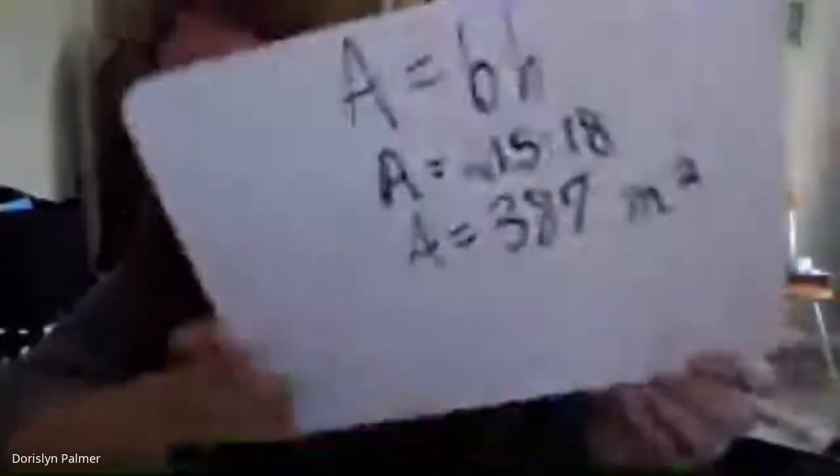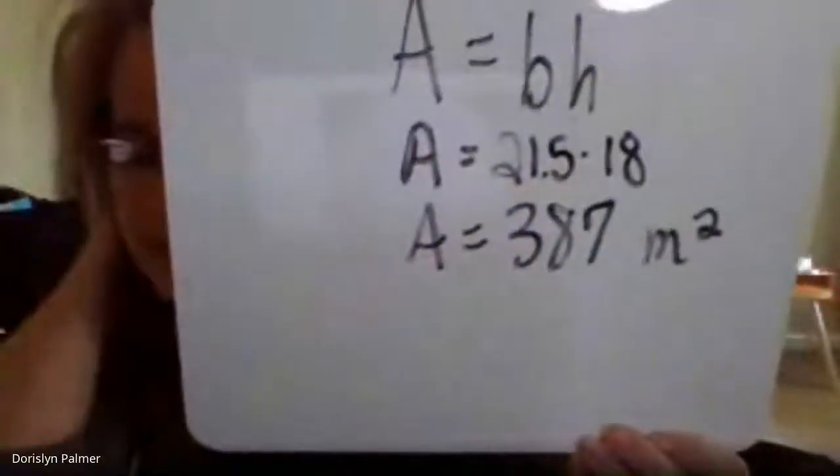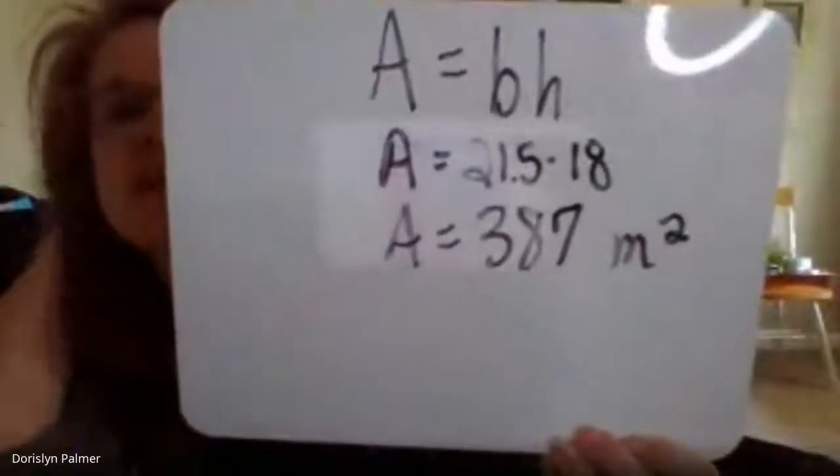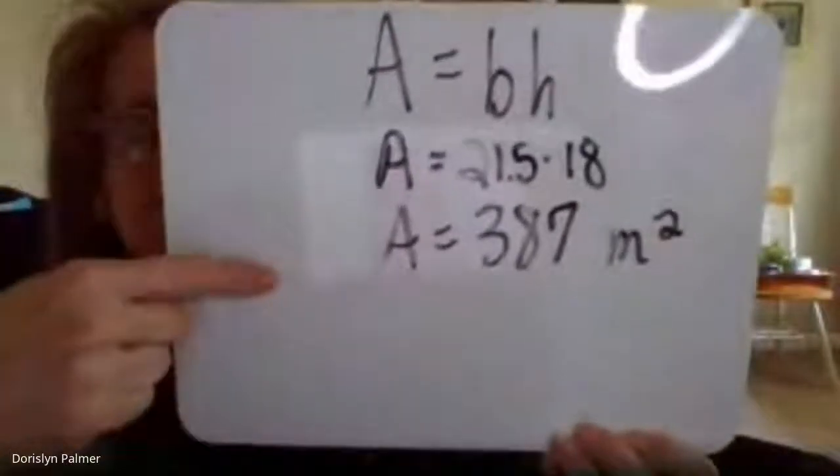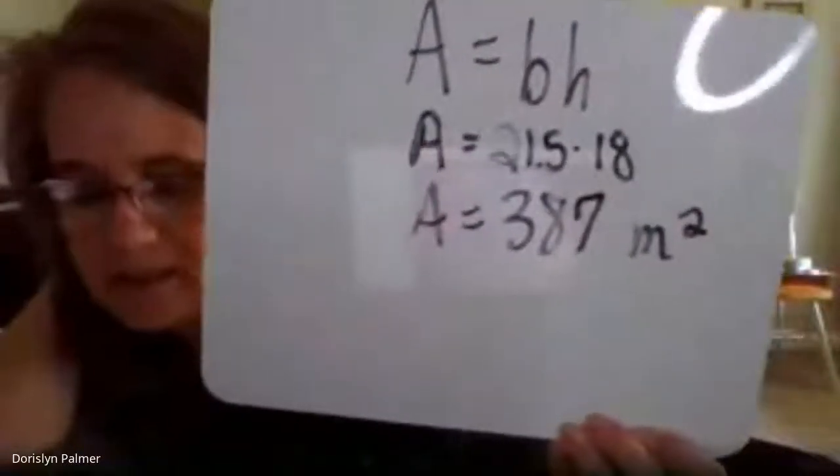All right, so I'm going to use my calculator for that also. You guys can use paper if you want. 21.5 times 18, and I get 387. So the area of this field in the park is 387 square meters. And this sod comes in pallets that are 50 square meters. So I need to know how many pallets of 50 I'm going to need to fill that in.